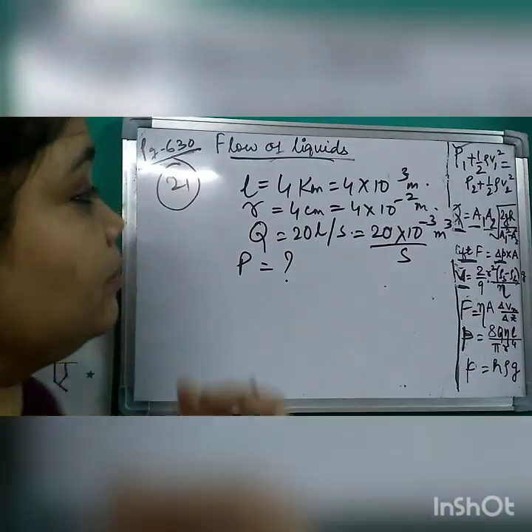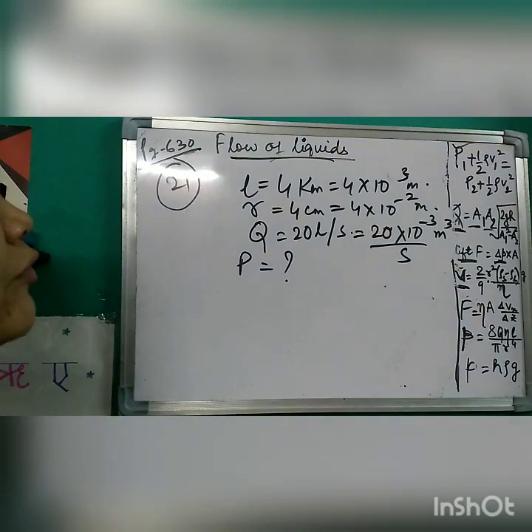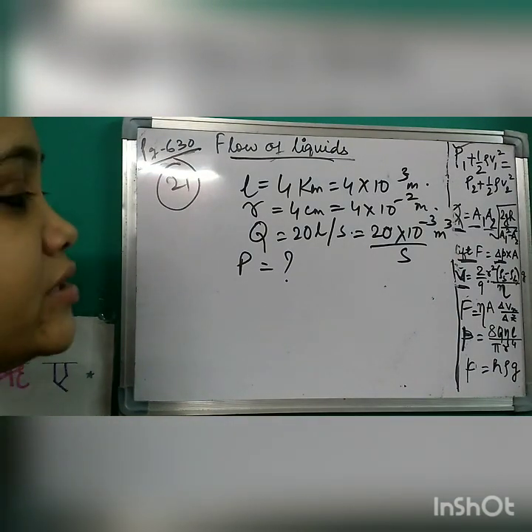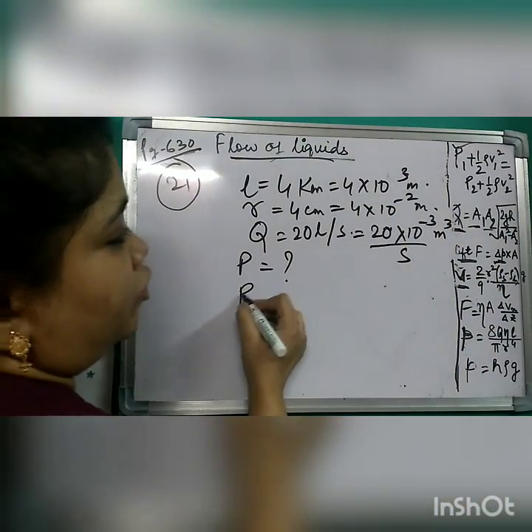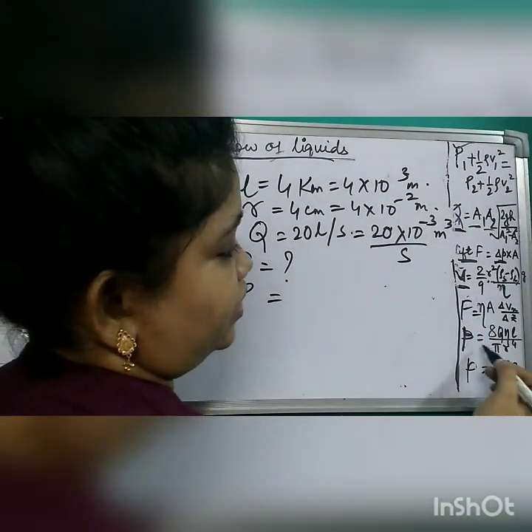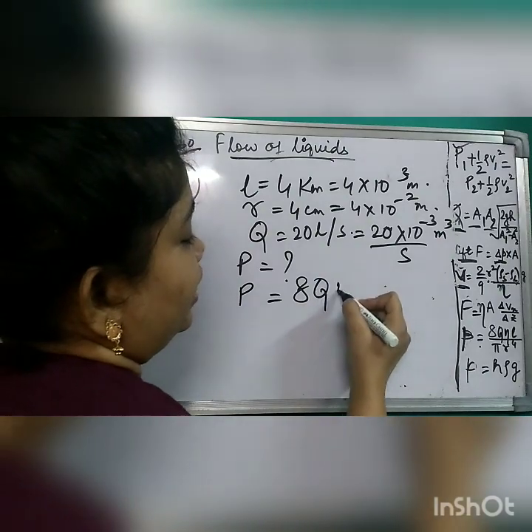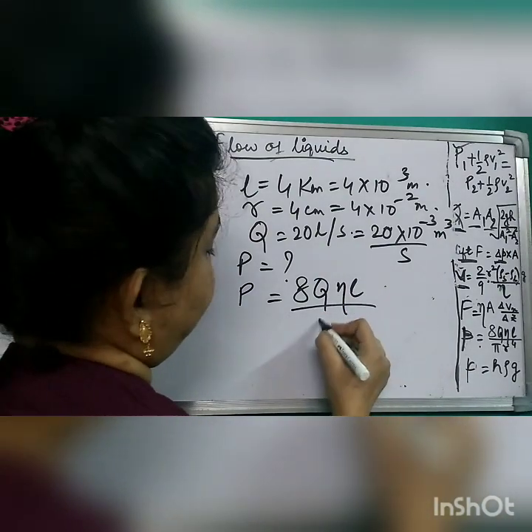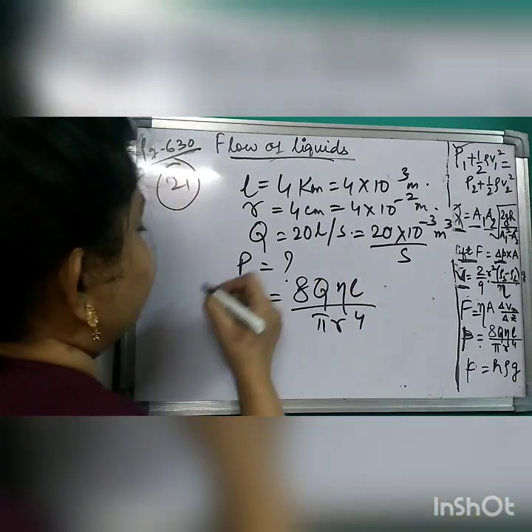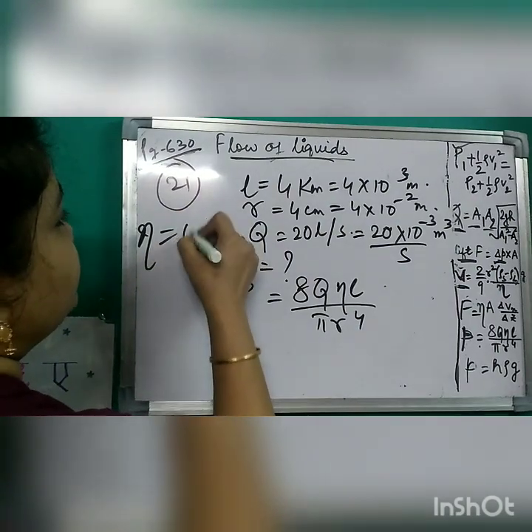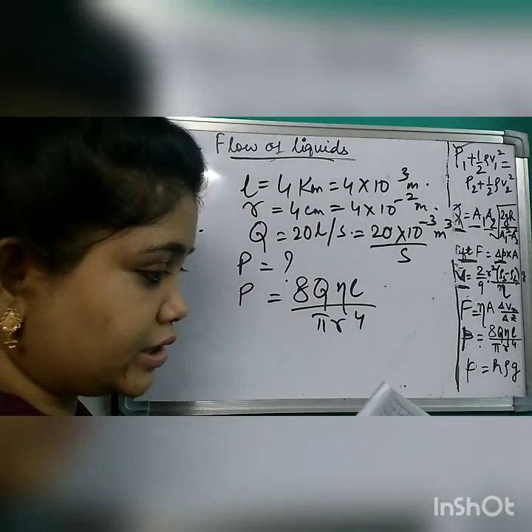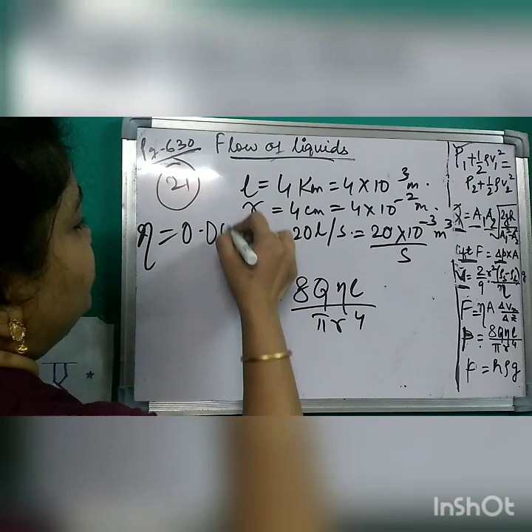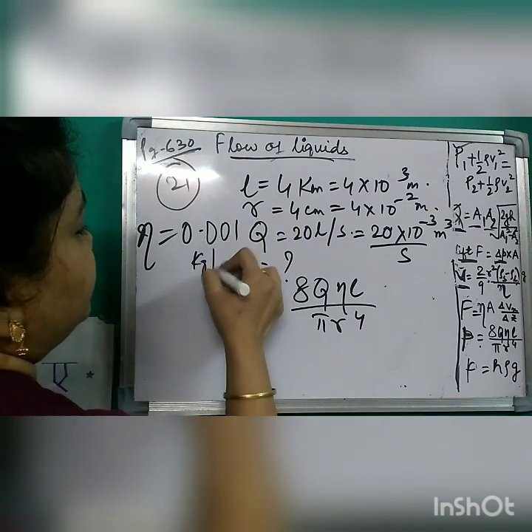Before finding it in terms of mercury column, let us find the simple pressure by using Poiseuille's formula. So what is the formula of P? As you can see, P is 8 Q eta L by pi R to the power 4. Now eta is given in your book; since it is water, it is 0.001 kg per meter second.